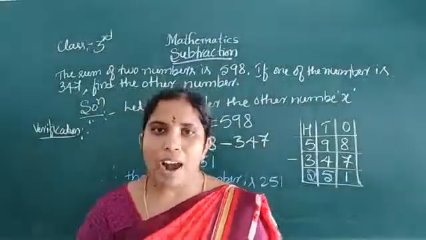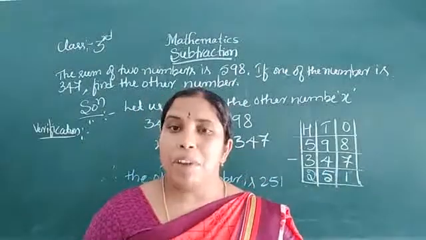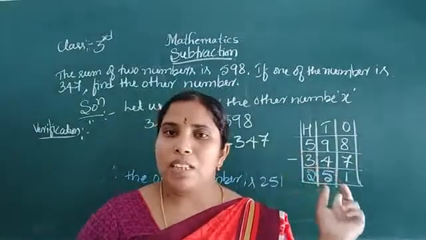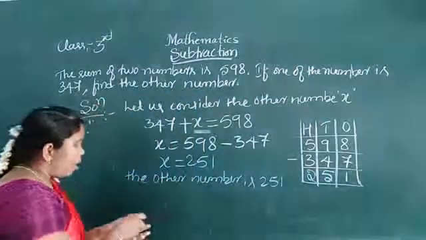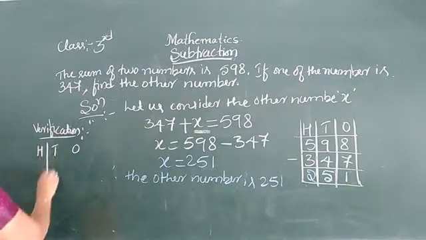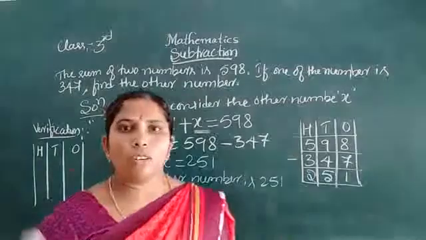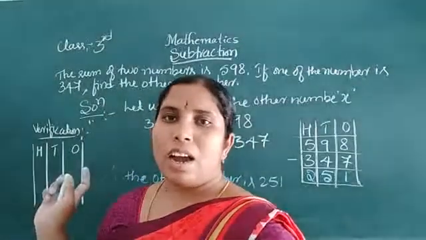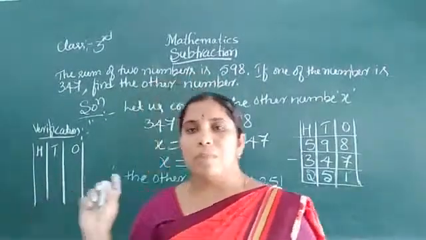You should add difference and subtrahend, and we get the minuend. See, observe, I will do that. Ones, tens, hundreds. Write down the numbers.